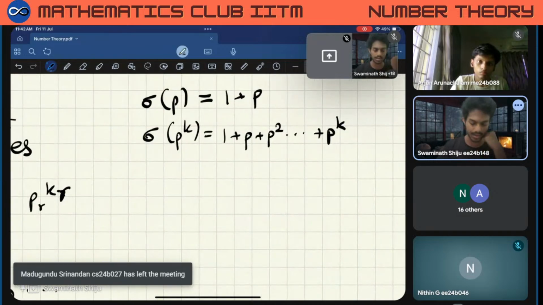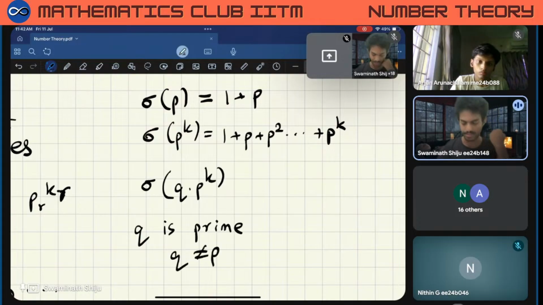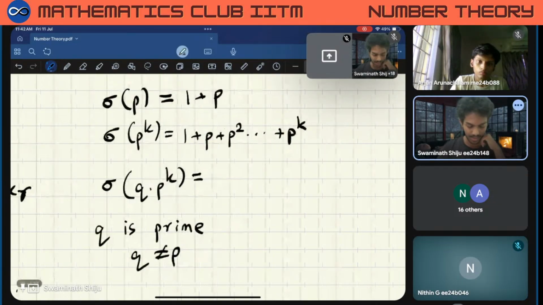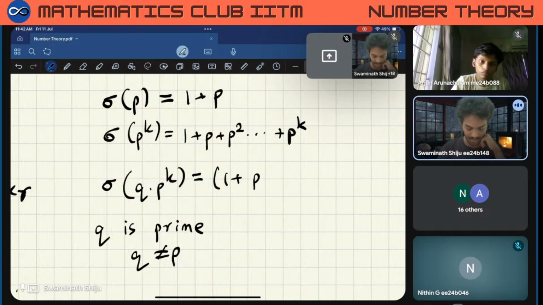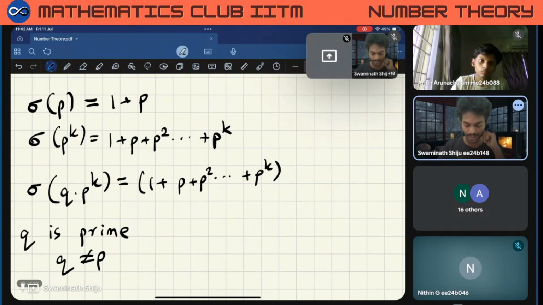Now, if we consider something like q into p power k, where q is prime and q not equal to p, so they are co-prime, a different prime number. What are the factors of this? First of all, all of these factors will be there, and then you'll also have the other factors, since you have one extra prime.